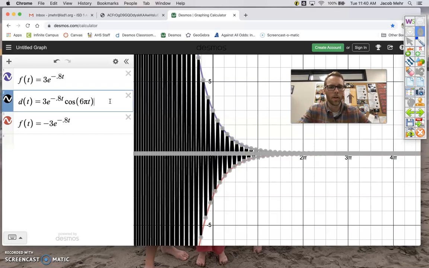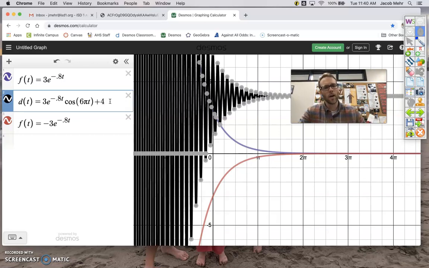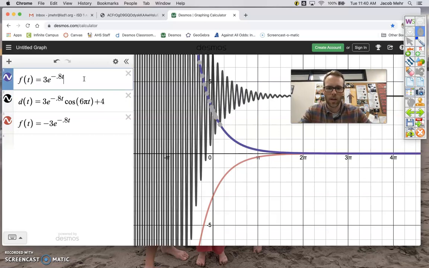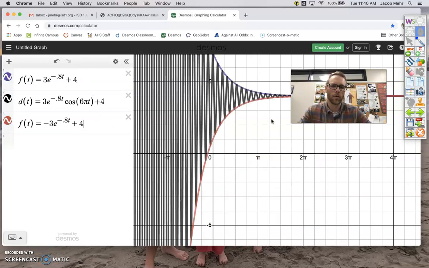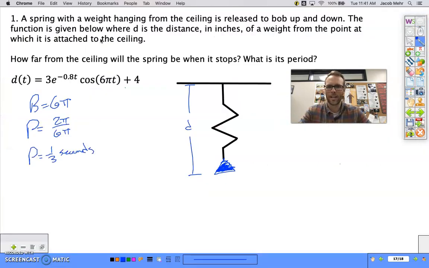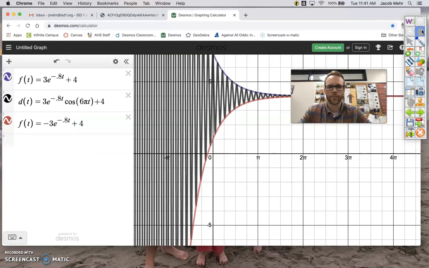But now we have that plus 4, and what do we know a plus 4 is going to do to a cosine function? We know it's going to change the midline and slide it up 4. So actually, if we wanted to graph the bounds on here, we actually have to slide those up 4 as well. Okay, so it's going to come to a rest 4 inches from the ceiling.